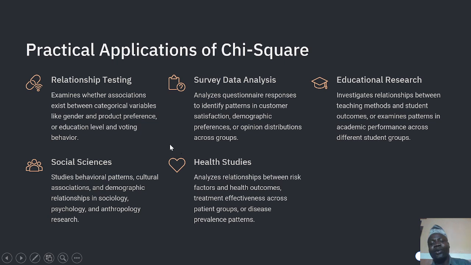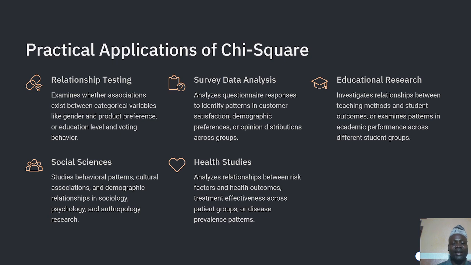For example, if we have a questionnaire and we are looking at customer satisfaction level of hotel services, satisfied, not satisfied, highly satisfied, and we have given it to customers over time, we may use chi-square analysis to determine whether the customers are satisfied for each of those items. Maybe the food, we have an item for food, we have an item for support staff in the hotel, and so many other things that are categorical.